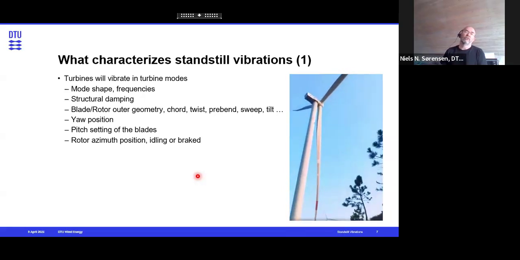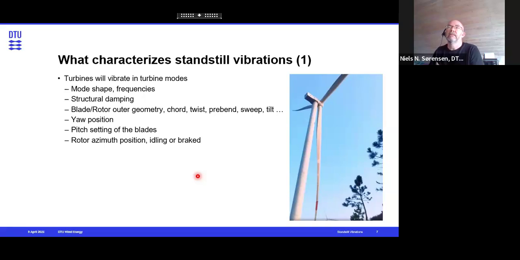We will need a good idea about the structural damping that could potentially prevent these problems from developing. The actual geometry of the rotor, the chord, the twist, the pre-bend, sweep of the blades, the rotor tilt, the rotor cone, all will have a role in where to look for these vibrations.